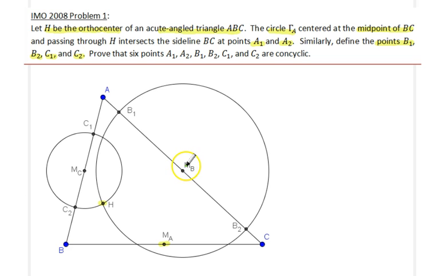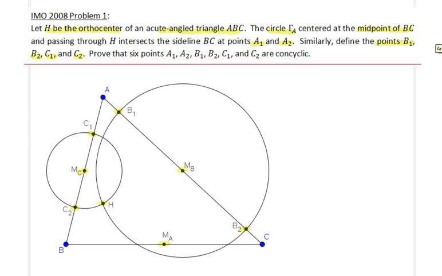Namely, you have the midpoint of side AC, which I call MB. You draw the circle and you have new intersection points B1 and B2. MC is the midpoint of AB, and you draw your circle and you have these points C1 and C2 defined accordingly.